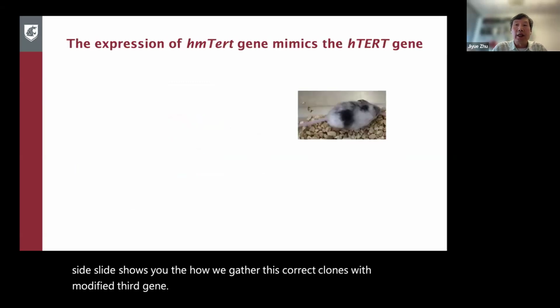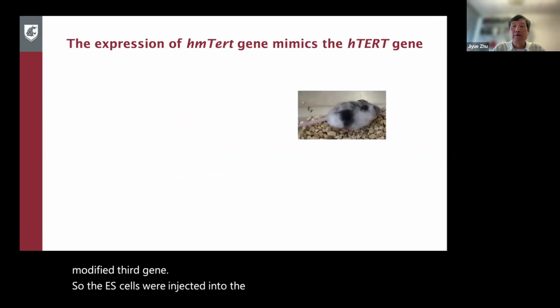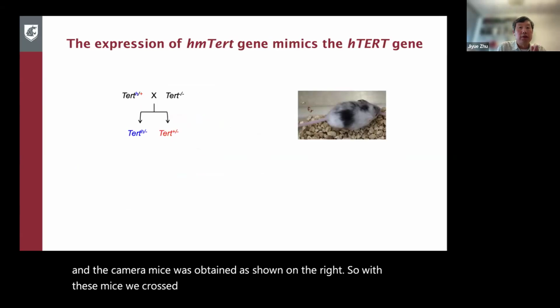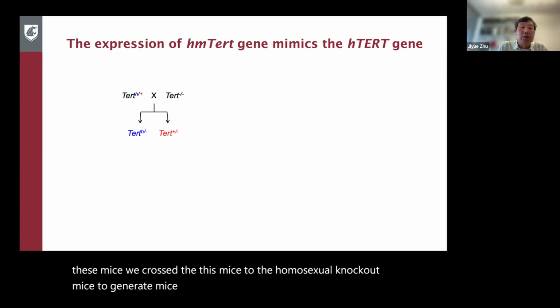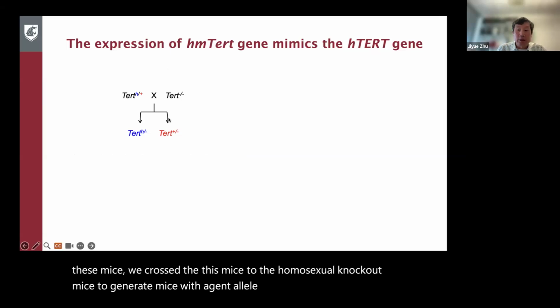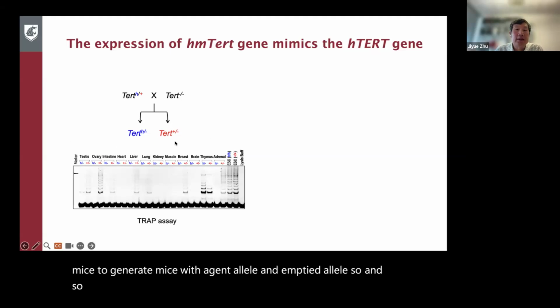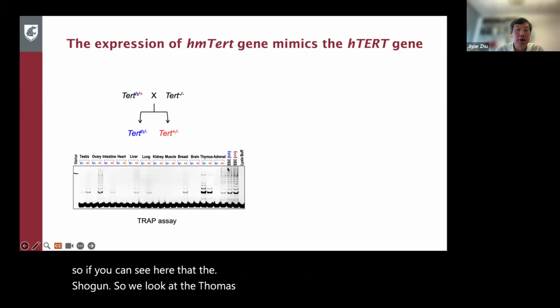The ES cells were injected into albino host embryos of C57 black mice, and chimera mice were obtained, as shown on the right. We crossed these mice to homozygous TERT knockout mice to generate mice with the hmTERT allele and no mTERT allele. We then looked at telomerase expression in adult tissue.